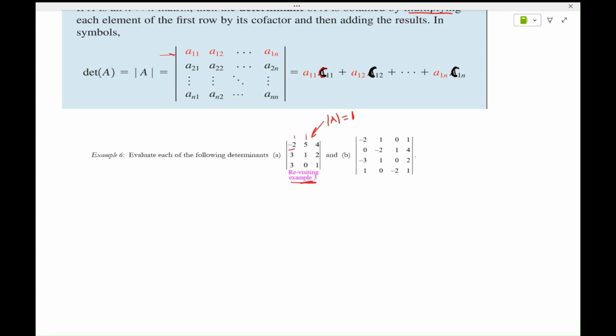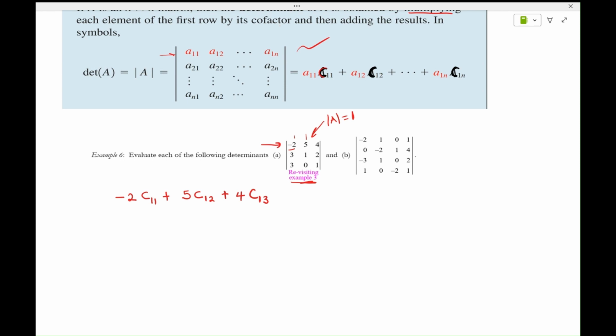So you take minus 2 and multiply by its cofactor, which is C11. Then plus 5, multiplied by its cofactor, C12. Then plus 4 multiplied by its cofactor, C13. So here we are using the first row.